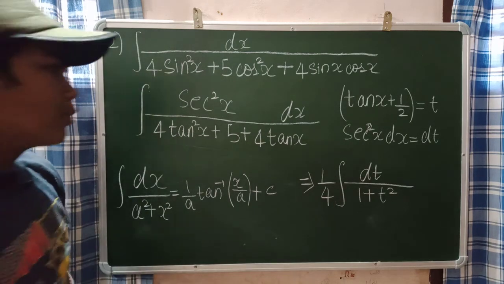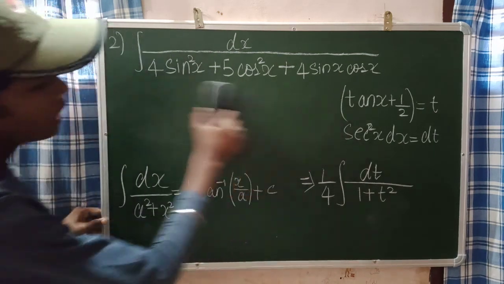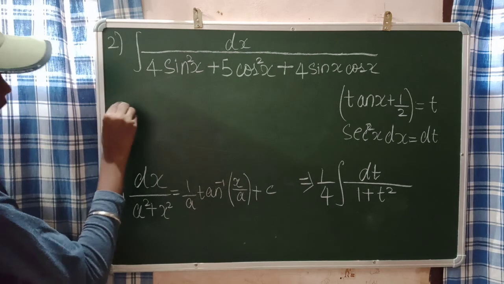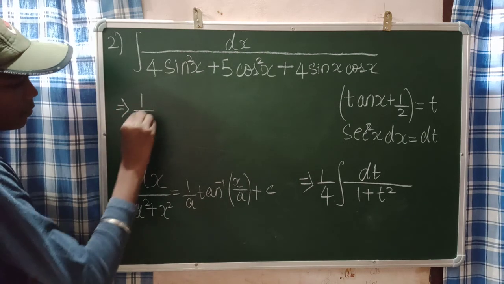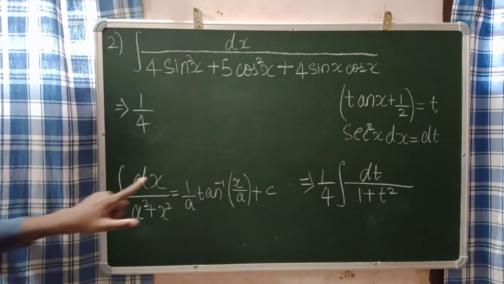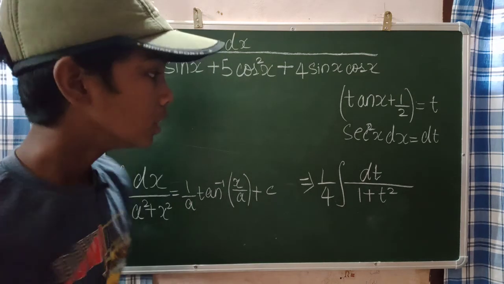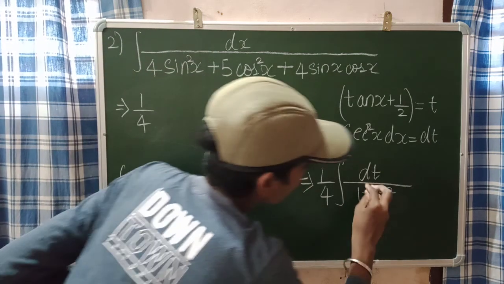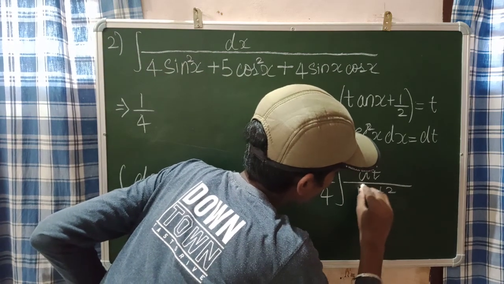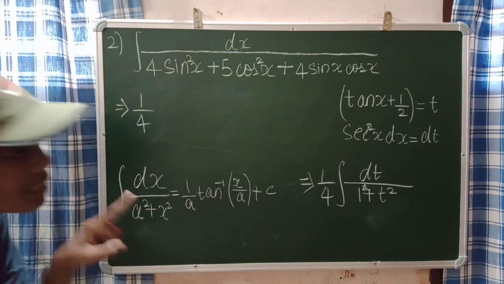Now when you use this formula, it is equal to 1 by 4 of integral of dt divided by 1 plus t square. So I will write this one as 1 square to cooperate with this formula, because I am having a square plus x square.